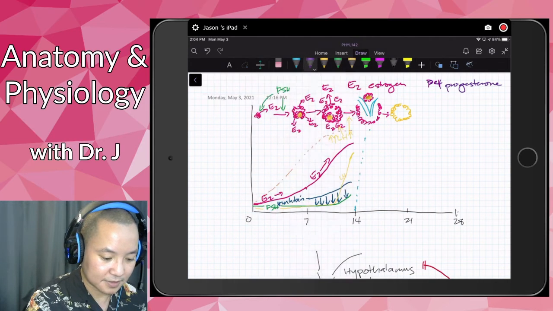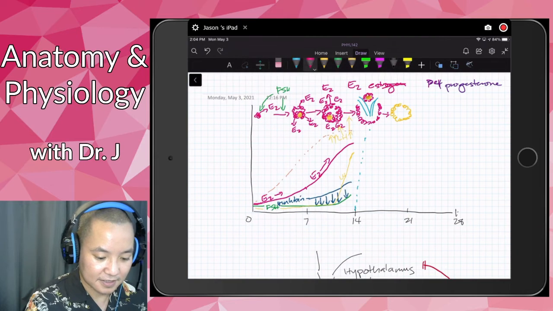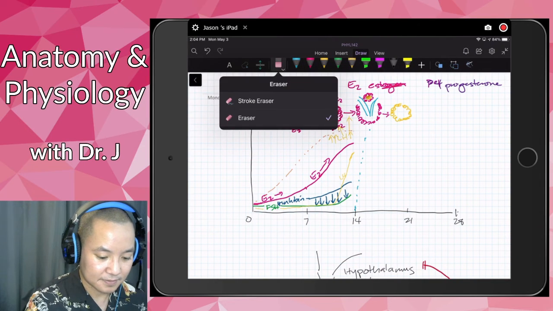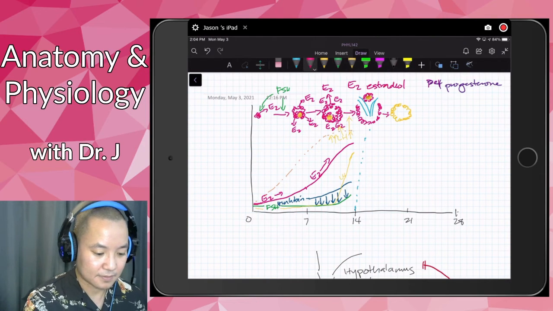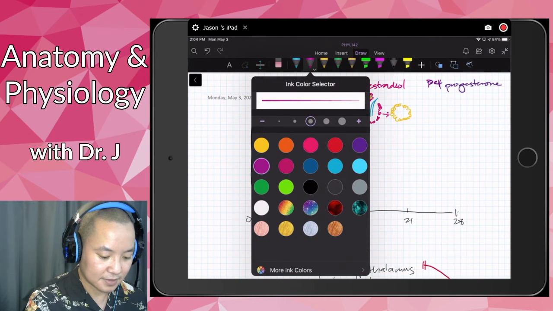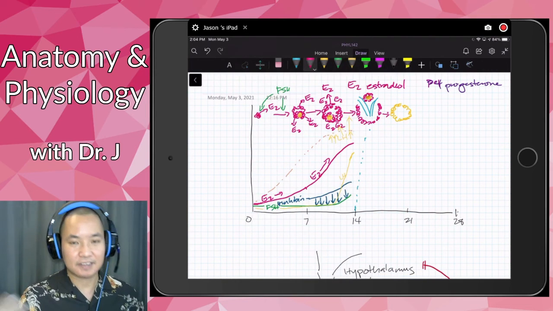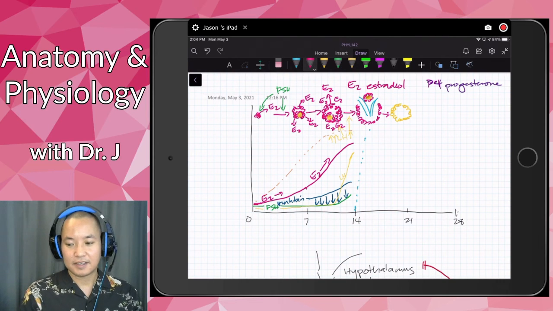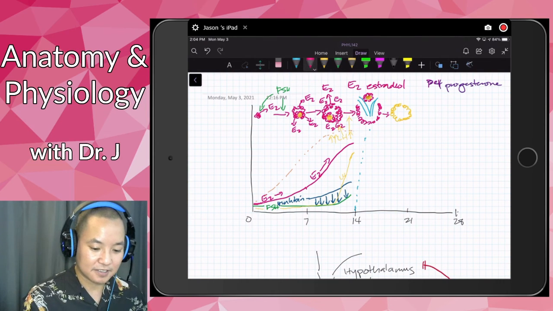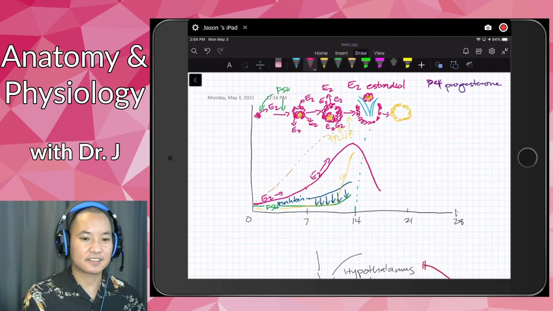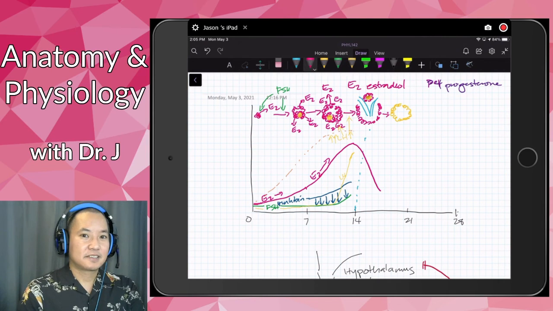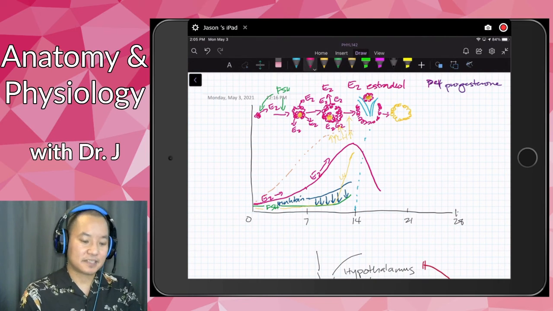That's right, I should have put that as estradiol. Catching myself there. All right, back to progesterone. So now that we're switching from estradiol to progesterone, estrogens are going to drop. The corpus luteum does produce estrogens, but not as much as progesterone.